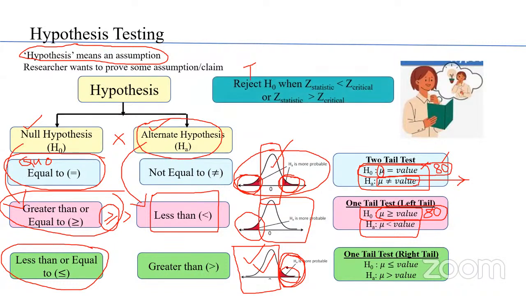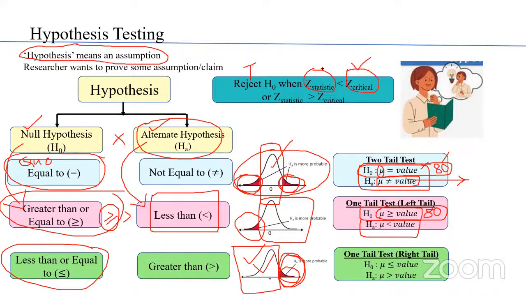Now we have to reject the null hypothesis. The Z statistic is something we will calculate, and Z critical is some kind of table value. I have already shared this document just now with Farah, and she'll be sharing the total document and critical values like T values, Z values, F values. Those are considered the table values.